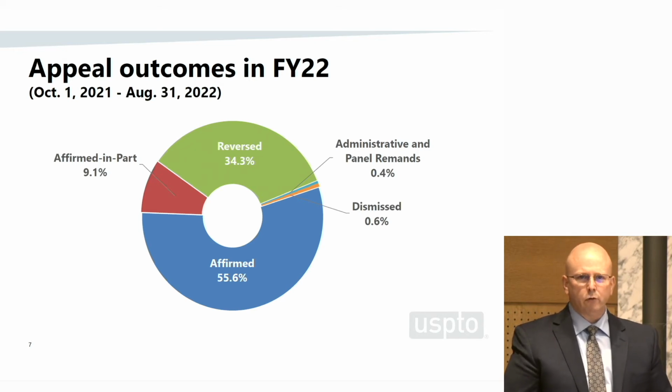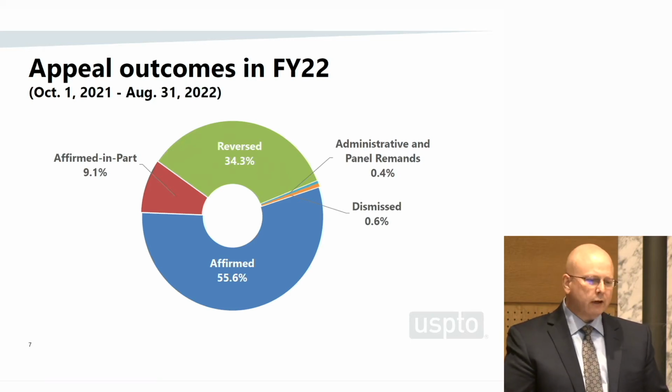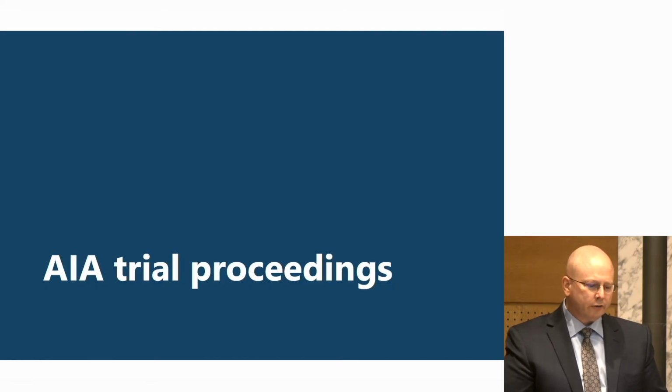So that just shows you across the board for last year the outcomes of our appeals. This is actually very similar if you look at our prior year statistics. It's broken down very similarly in prior years.